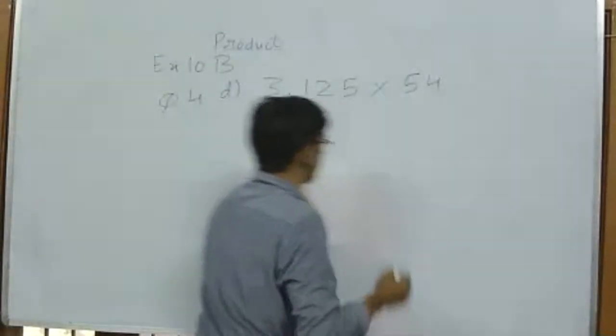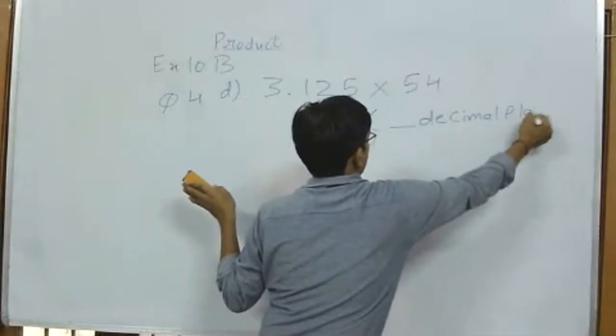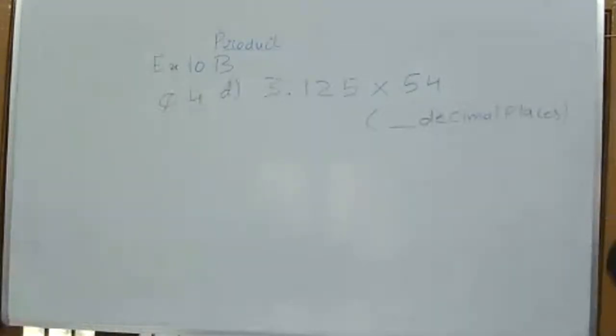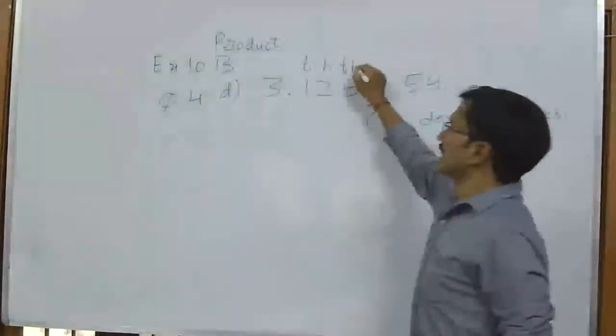First of all, we count here on the side. Count the decimal places. How many decimal places can you see in the question? 10, 100, 1000.